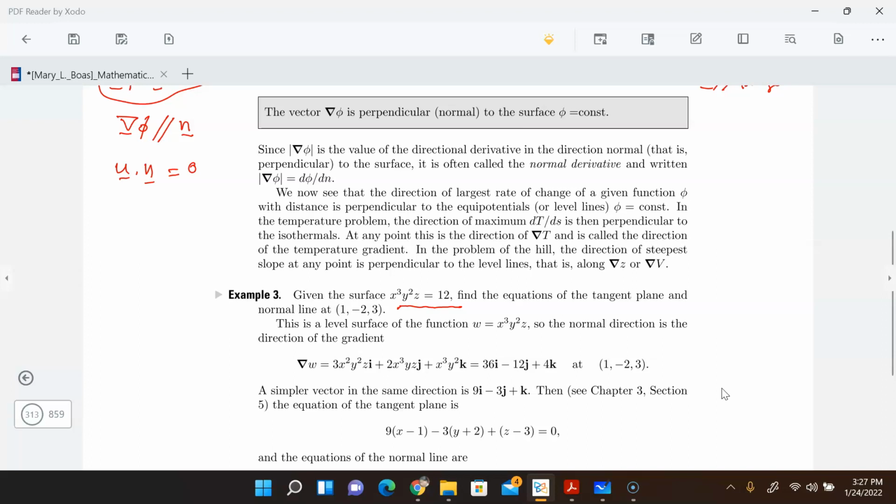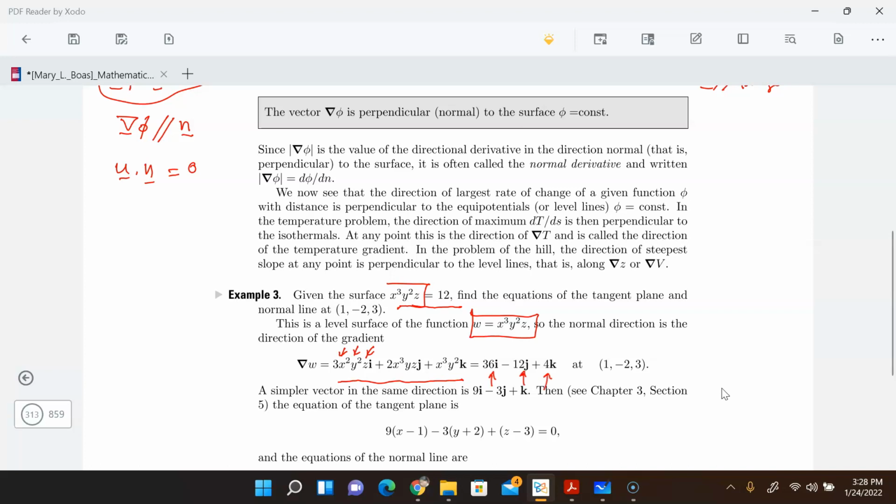Well, think of this as a function, take the gradient of that, and the gradient is given by this vector here. If you are given the point, then you can plug in the values of x, y, z, given as 1, minus 2, and 3 here, so you get your numerical values.